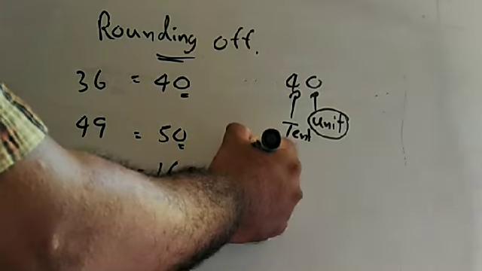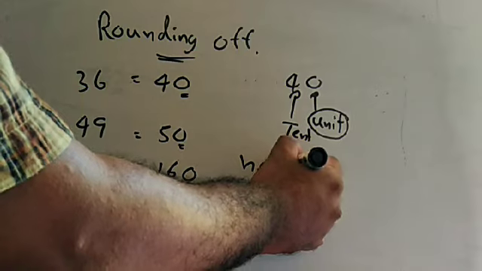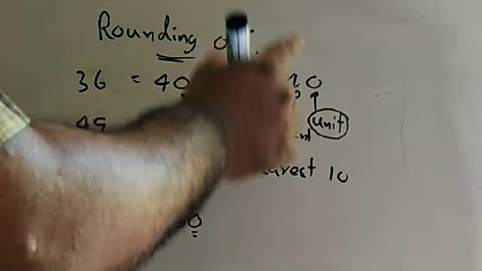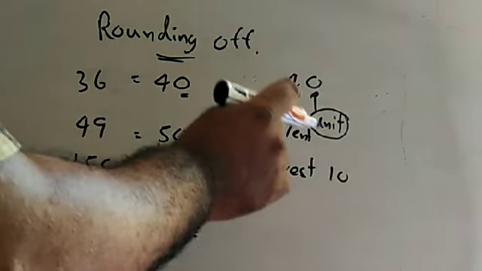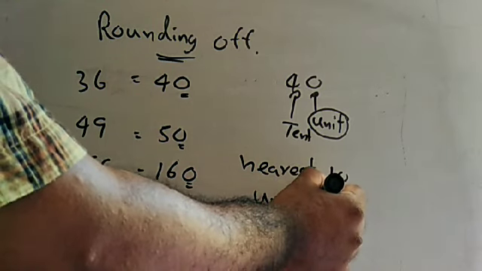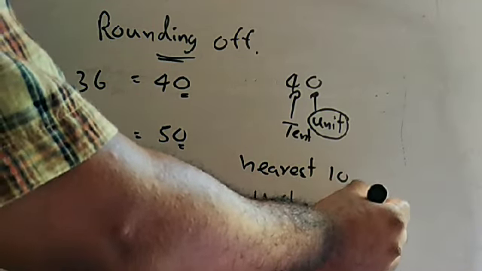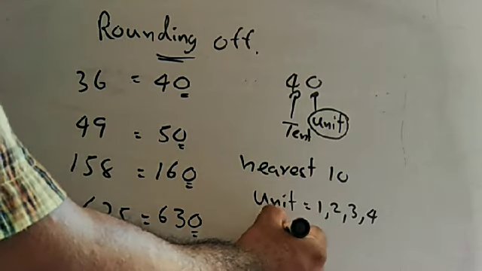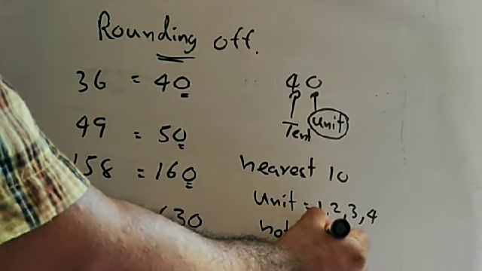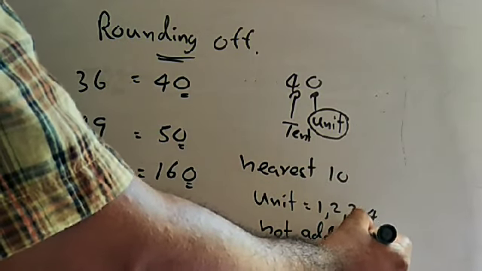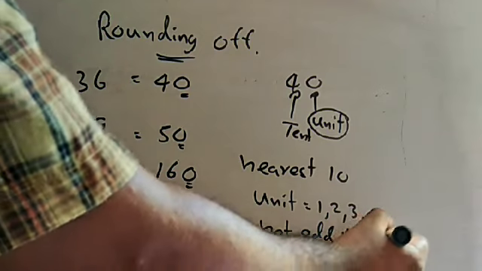Now nearest 10. When the unit place has the numbers 1, 2, 3, 4, do not add to the 10th place.